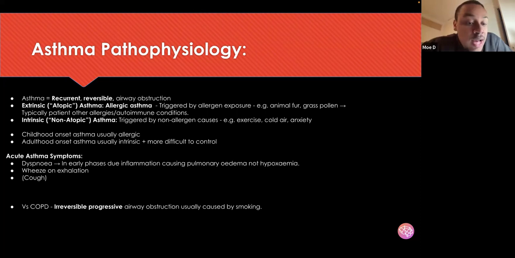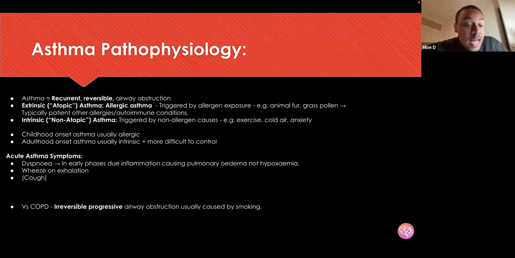In terms of the acute asthma symptoms that a patient might experience during their asthma attack, it includes dyspnea, which basically means breathlessness. And in the early phases, it's due to the inflammation that we're going to cover in the next few slides, which causes pulmonary edema and not hypoxemia.